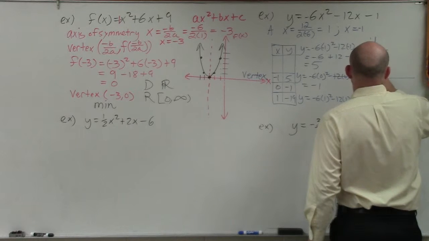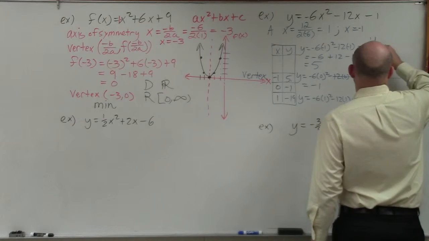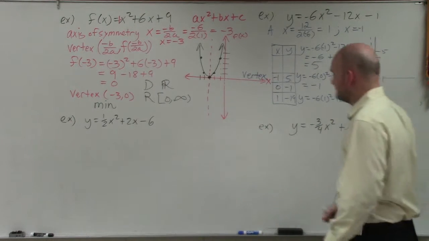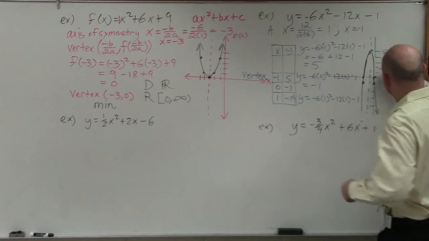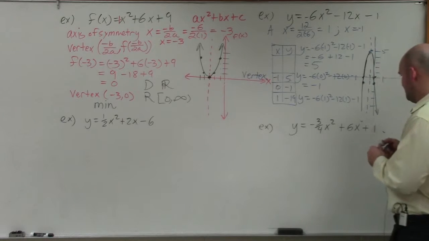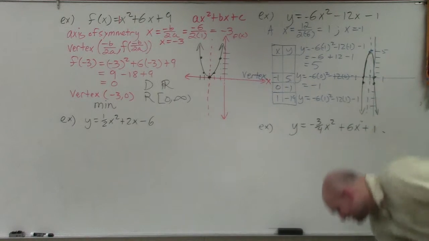Oops. That's a horrible graph. There you go. The graph should look something like that, something around there. Really bad, but. All right, so now let's go ahead and move on to the next one, next couple graphs.